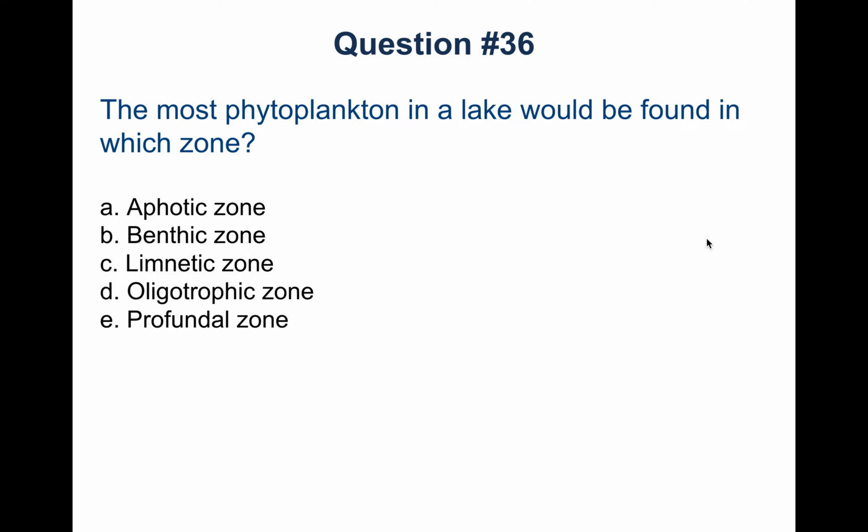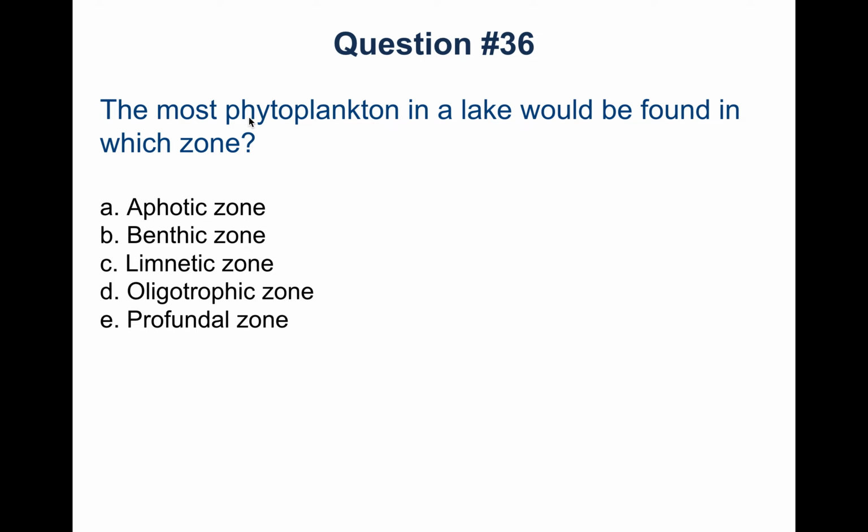The most phytoplankton in a lake would be found in which zone? I had mentioned benthic zones before. Remember, that's the very bottom of the lake, or even the ocean, river, whatever. Aphotic, so phytoplankton are photosynthetic algae.